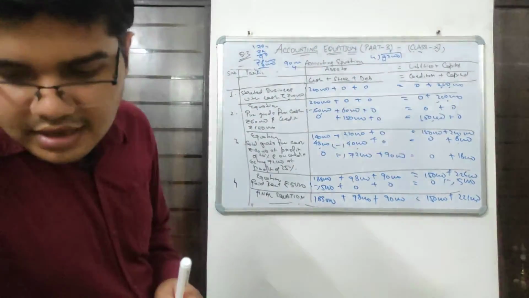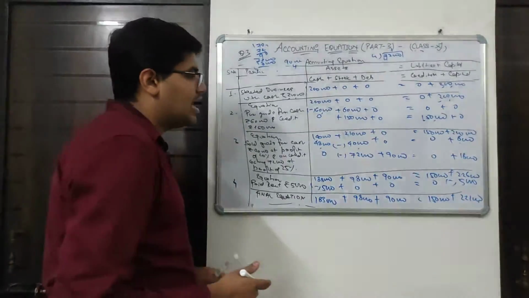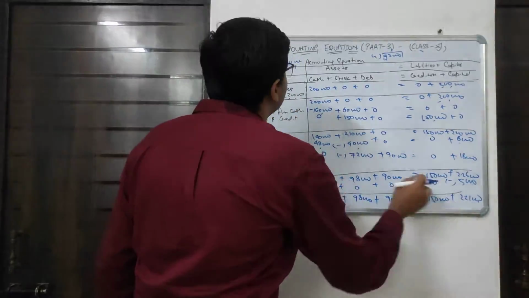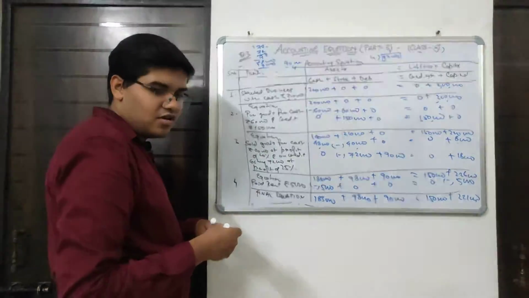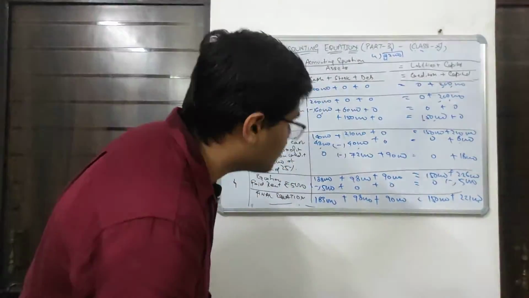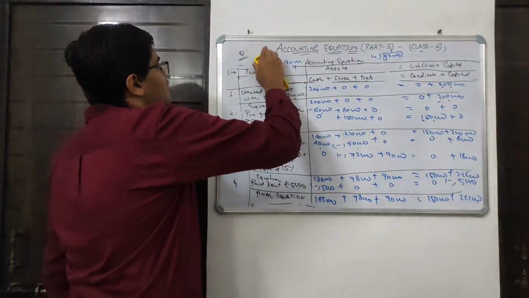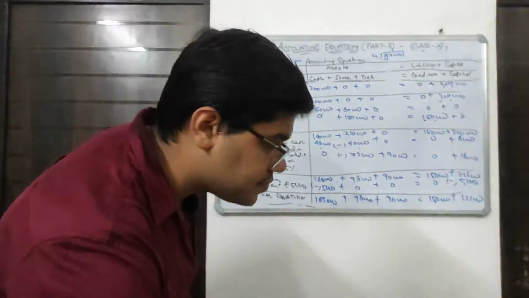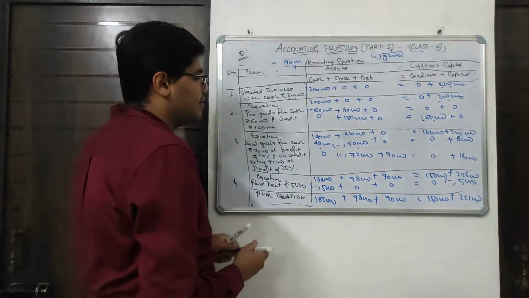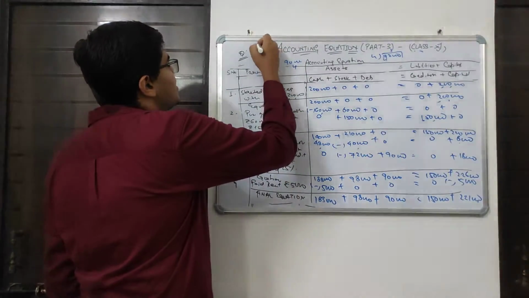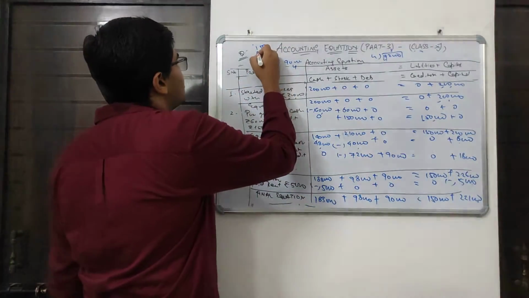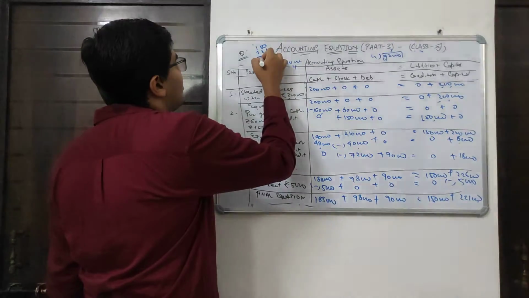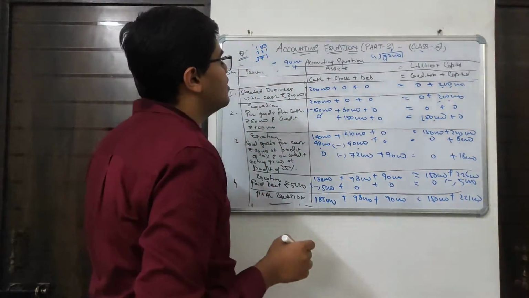Now let us see whether our equation is balanced or not. 2,21,000 and 1,50,000. Let me do a rough column. Our liability side will be 150 and 221, that is 371.